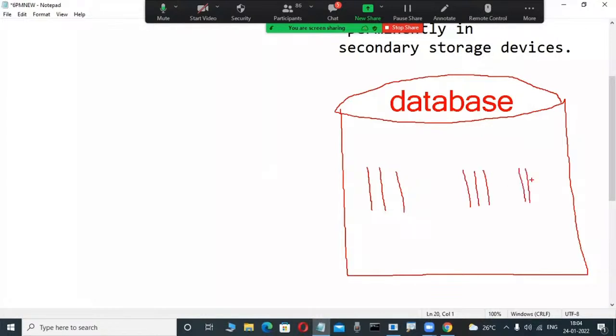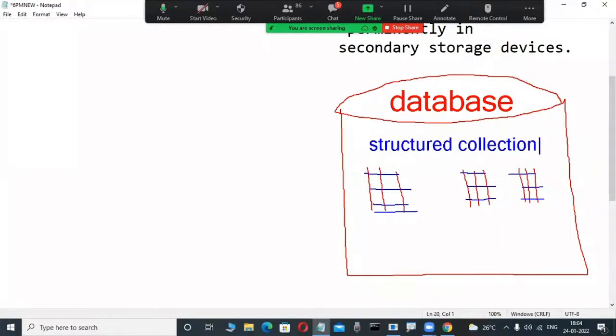Today I will tell you. The relational data model is a concept there. Based on that only, they implement these products. These are called relational databases. Structured collection of data is there. This is what I told in the previous class. Always these databases store a structured collection of data, organized fashion only.